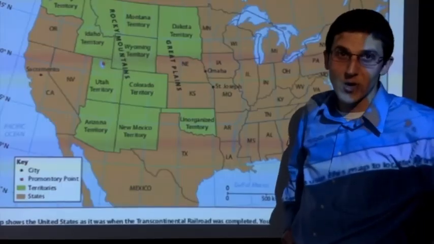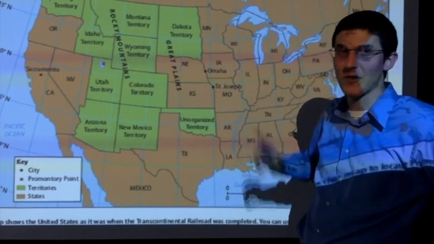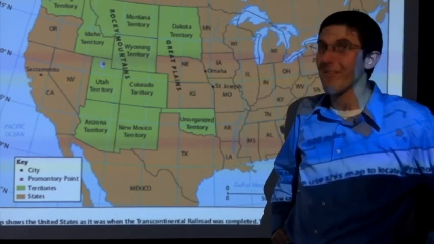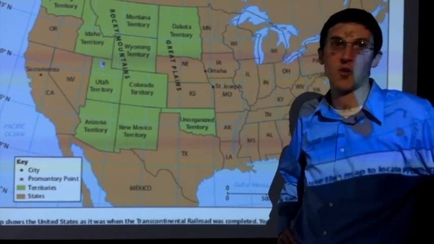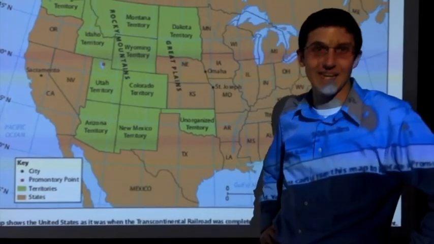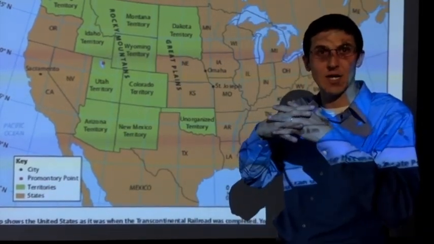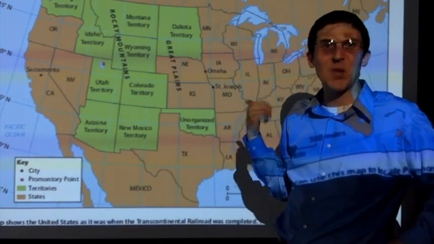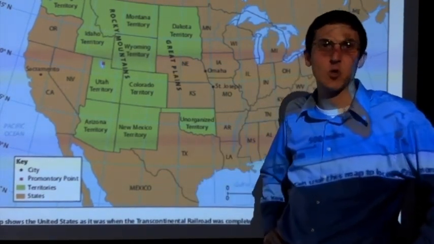Also be aware that most maps, including this one, don't show every single line of latitude and longitude. So for example, to find Promontory Point in Utah, that's where the Transcontinental Railroad connected the western and eastern lines, using this map, you'd have to estimate the exact coordinates.